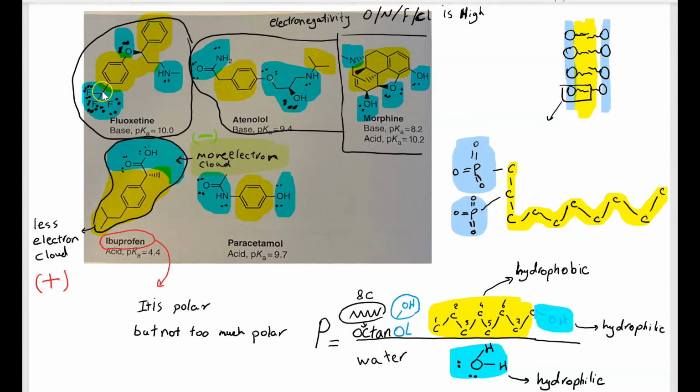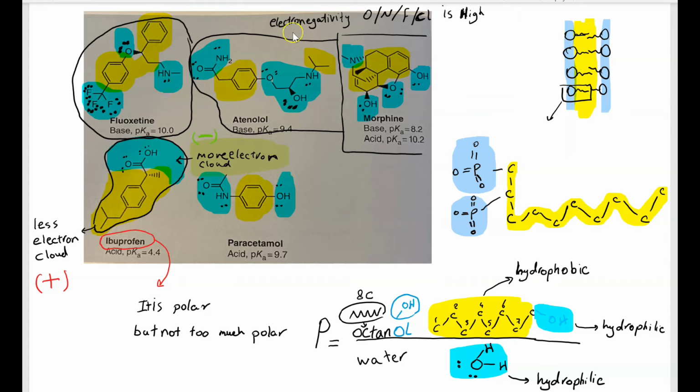These are polar, and they are the part of the molecule that are polar, and they can be dissolved in water. Also, some rings of carbon are hydrophobic. So why are fluorine, nitrogen and oxygen polar?